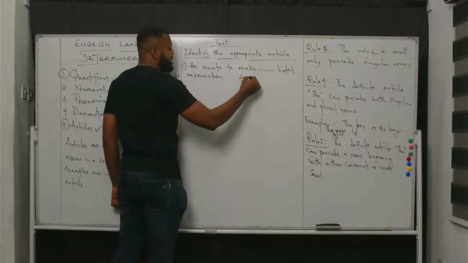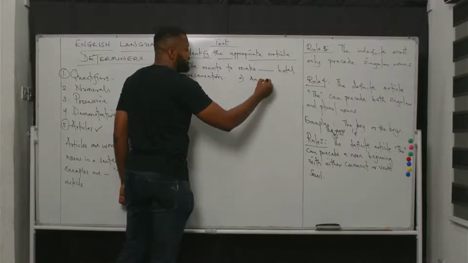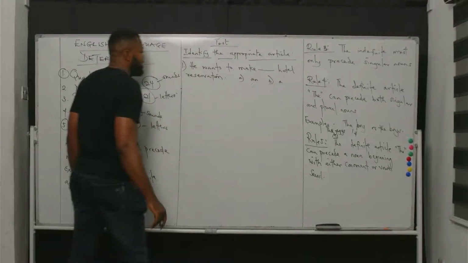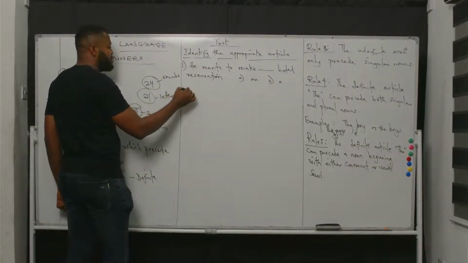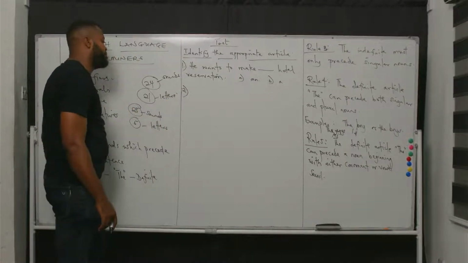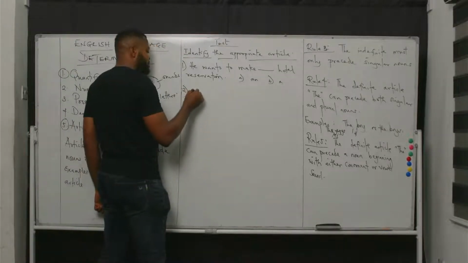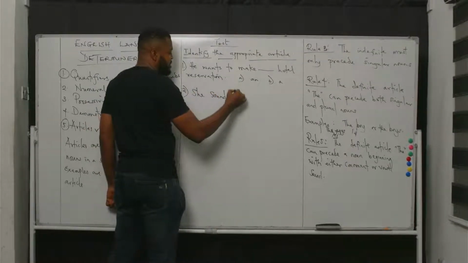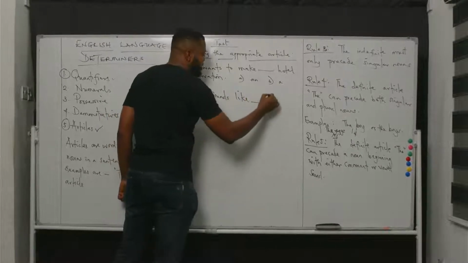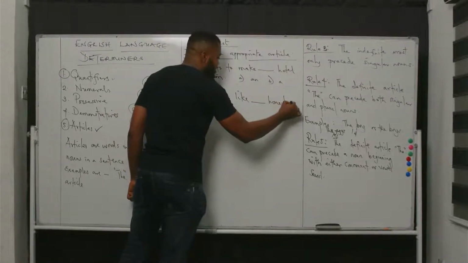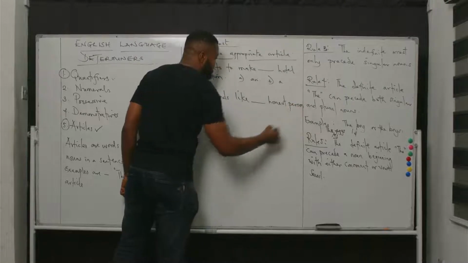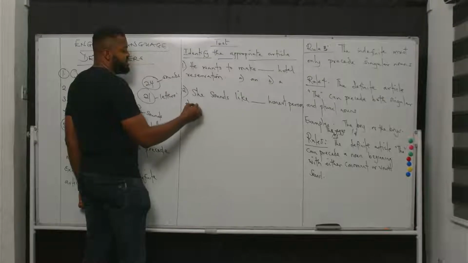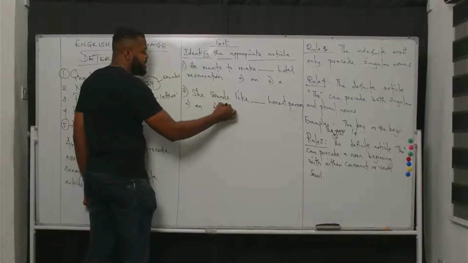Option letter A, you have AN. Option letter B, you have A. Number 2, she sounds like dash honest person. Option letter A, AN, option letter B, A.